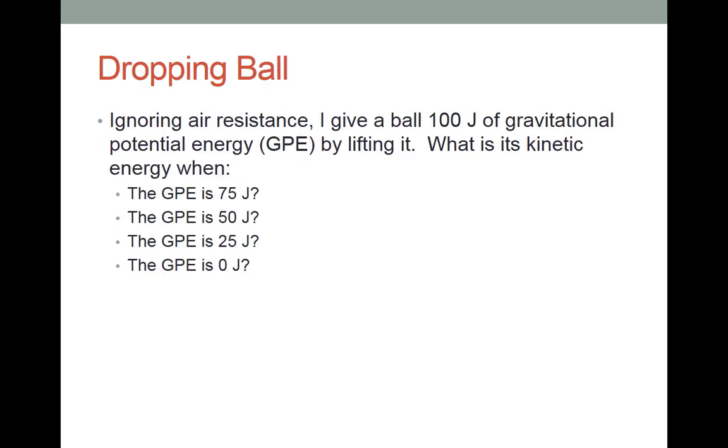So let's give an example of dropping a ball. If I give a ball 100 joules of gravitational potential energy by lifting it upward, what is its kinetic energy when, and then I give you a list of gravitational potential energies. The idea to this example is that this is my total energy. And at any point in the ball's motion, the total energy is equal to the GPE at that point plus the kinetic energy at that point.